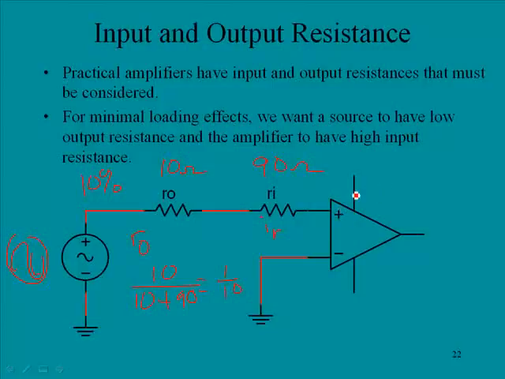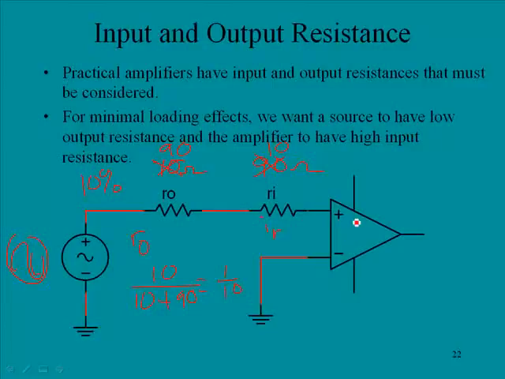That would be desirable, that most of our signal is getting to the amplifier to be amplified. Now, if we reverse this scenario, and this was 10 and now this was 90, this would not be desirable because now only 10% of our desired signal is ever getting to the amplifier to be amplified. So this would not be good. So you want to have a low output impedance and a high input impedance.